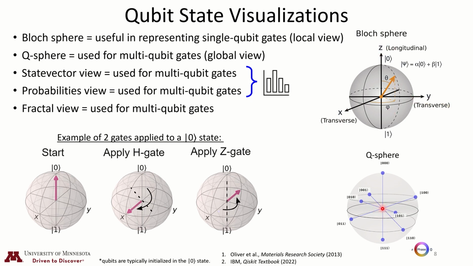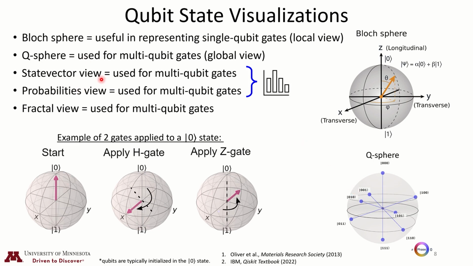Here there's also an x, y, z component, more or less, and relative to any of these three components there will be some phase information, which is an angle. That phase information tells you what kind of state this particular qubit exists in versus this other state versus this other state. So many qubits can be represented on this single Q-sphere.